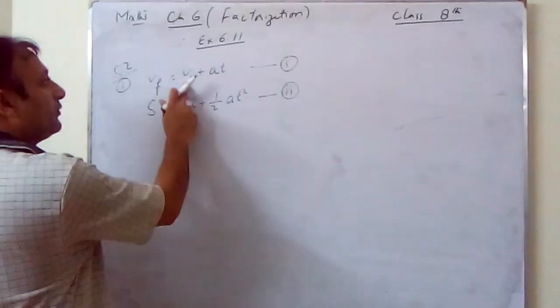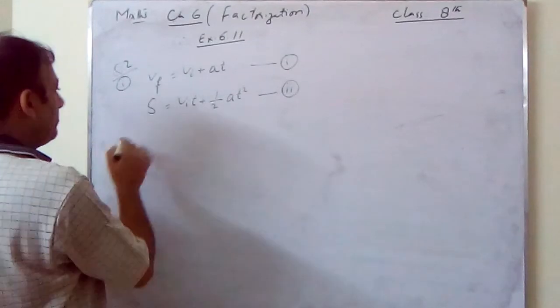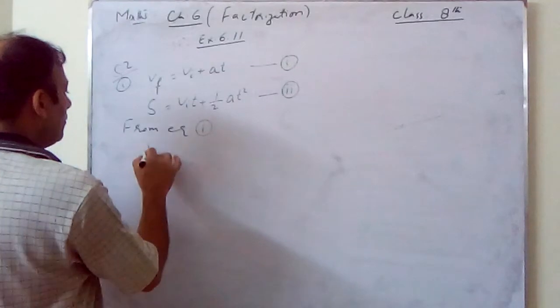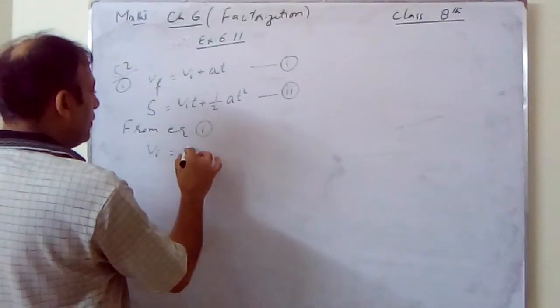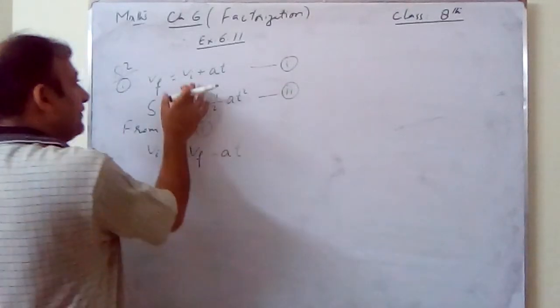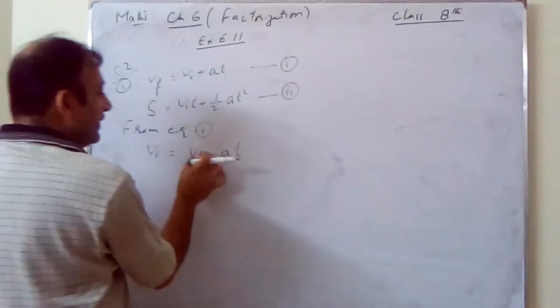So वो कह रहे हैं कि Vi को remove करना है, eliminate करना है. So we take the value of Vi from here. From equation 1, Vi is equal to Vf minus At. We have to shift this value At from right to left, so Vf minus At.